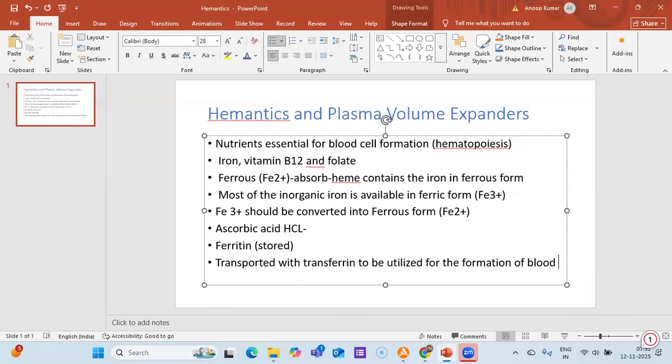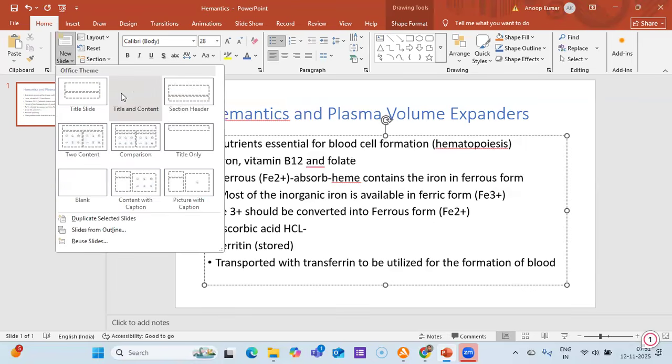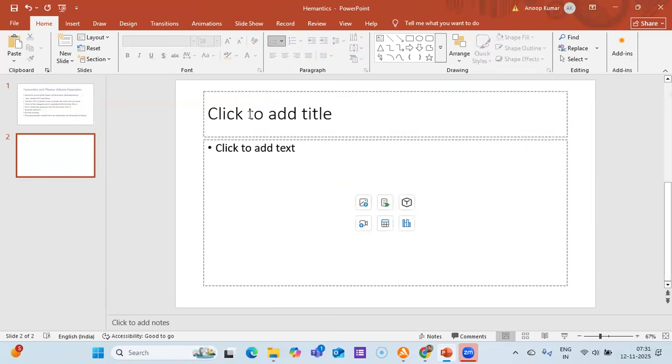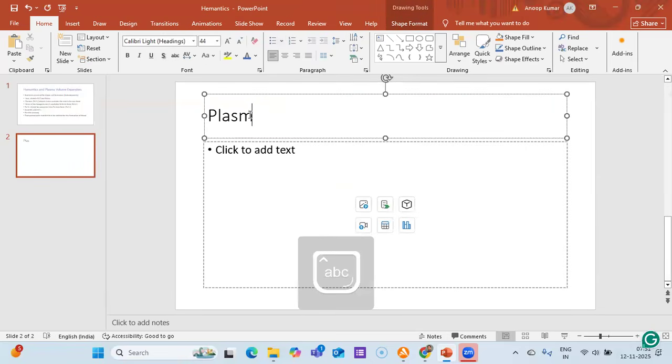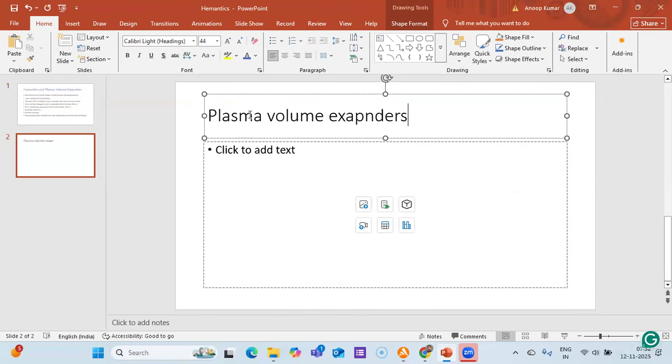And another one is plasma volume expanders. Few words about plasma volume expanders. I'm not going into detail, but a few points.